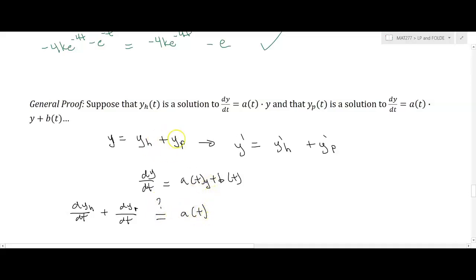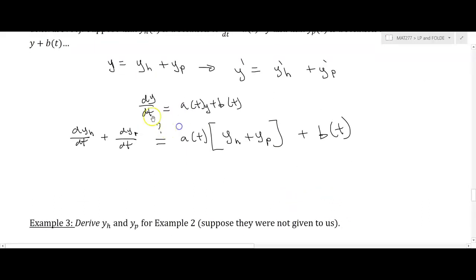Well, y is y sub h plus y sub p, and then plus my b of t term here. Now, this becomes sort of an algebraic argument. When I distribute this, I'll have a of t y sub h plus a of t y sub p plus b of t.